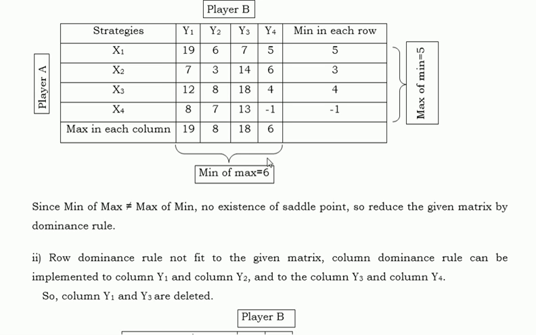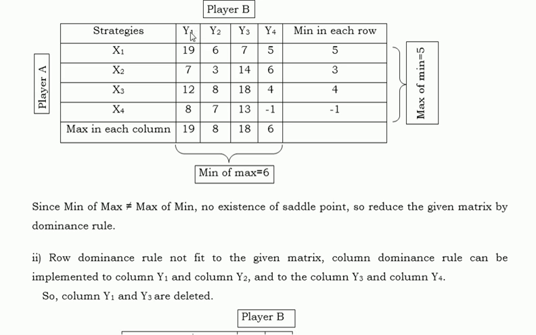For example, select the y1 column and compare with y2. 19 is greater than 6, accepted. 7 is greater than 3, accepted. 12 is greater than 8, accepted. 8 is greater than 7, accepted. So between y1 and y2, the column dominance rule fits.